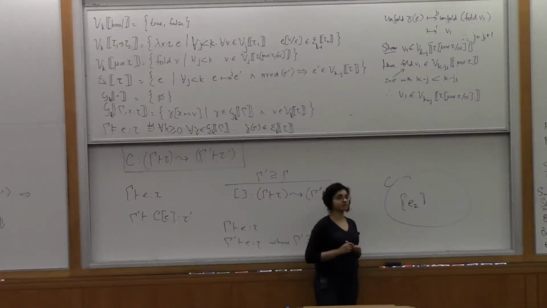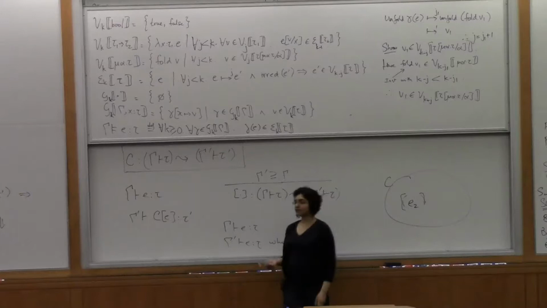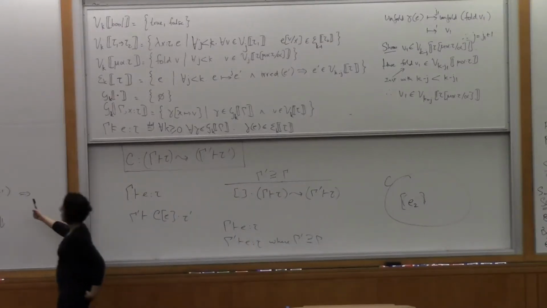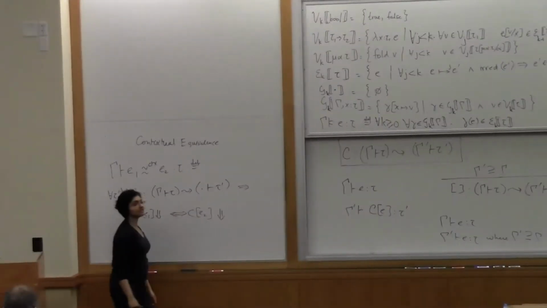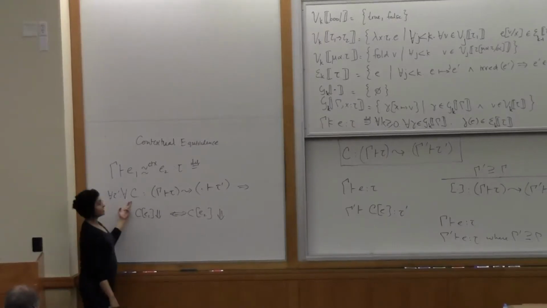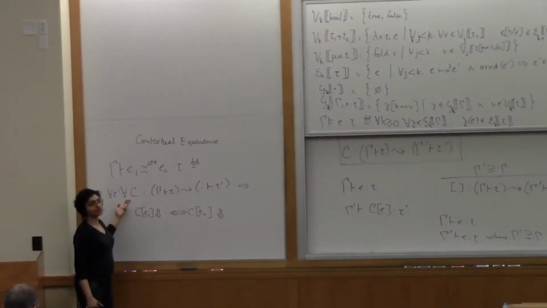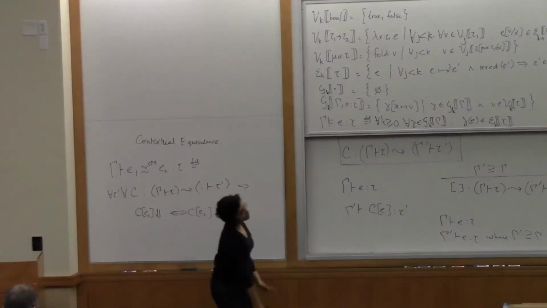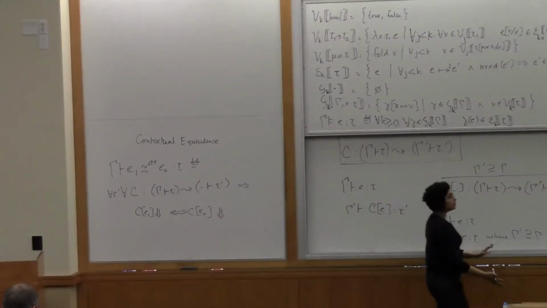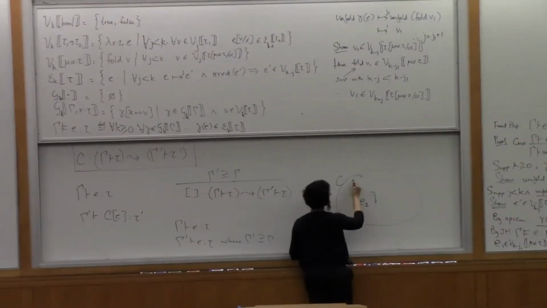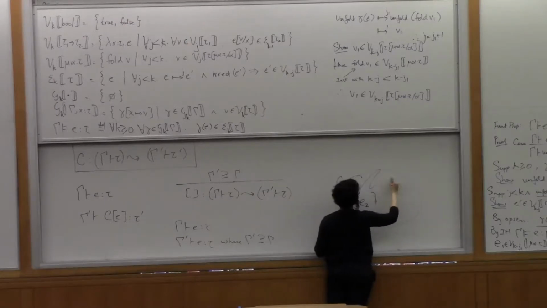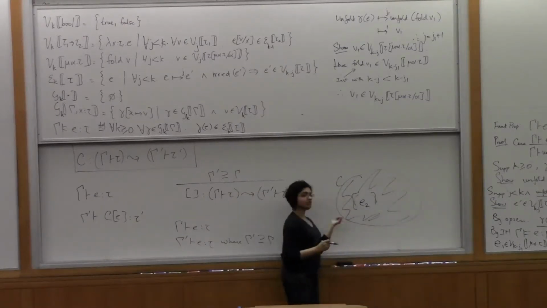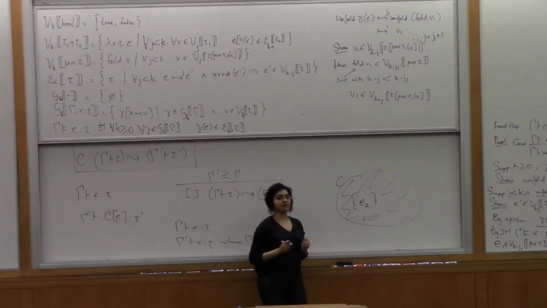Okay, but now the problem with this formal standard definition of contextual equivalence is precisely this for all C here, right? This for all C says that regardless of the context that you put E1 or E2 into, regardless of what's out here, in all possible contexts, you can swap E1 with E2.